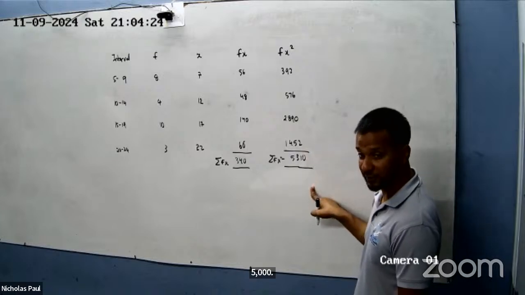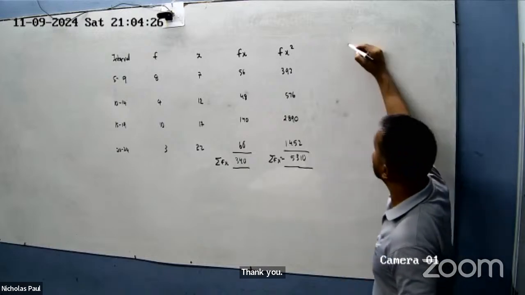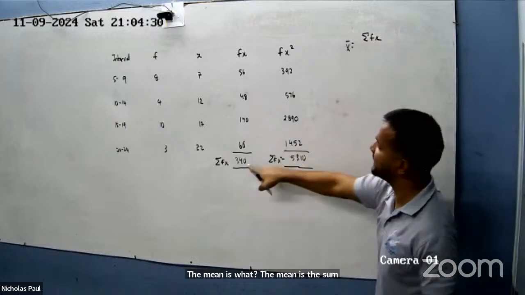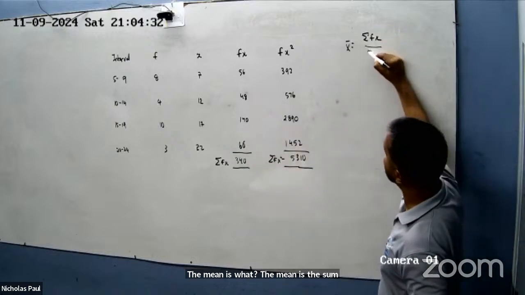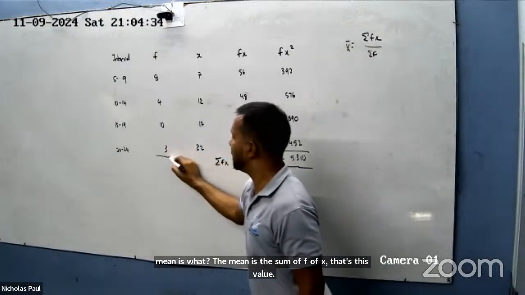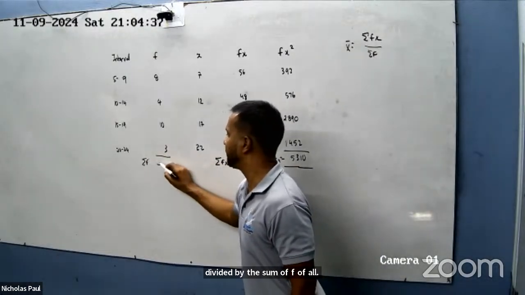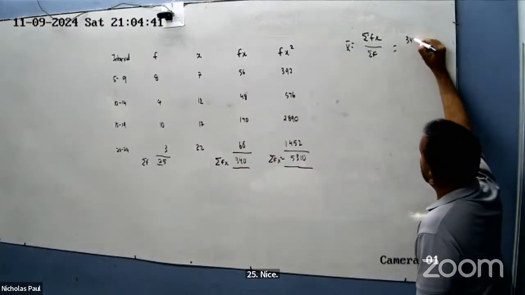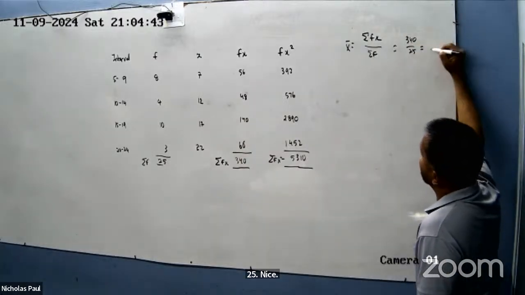And that's it. Now we can find the mean. The mean is the sum of f of x, that's this value, divided by the sum of f. What's the sum of f again? 25. Nice. So it will be 340 on 25. How much is that?